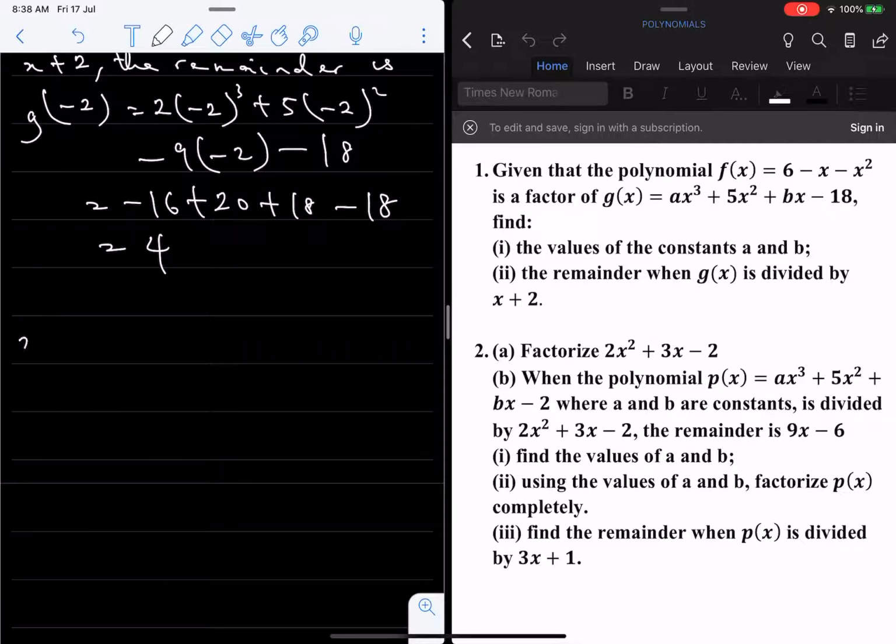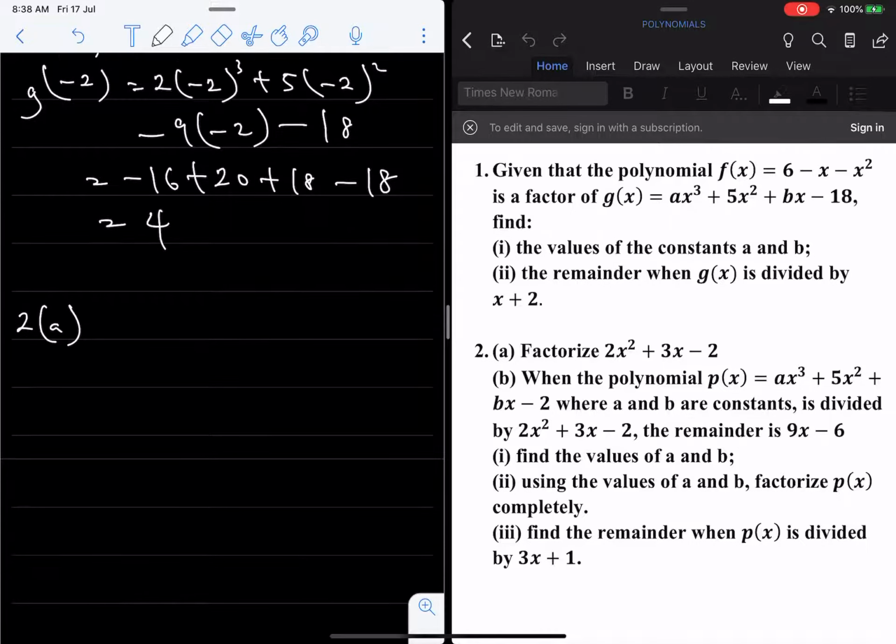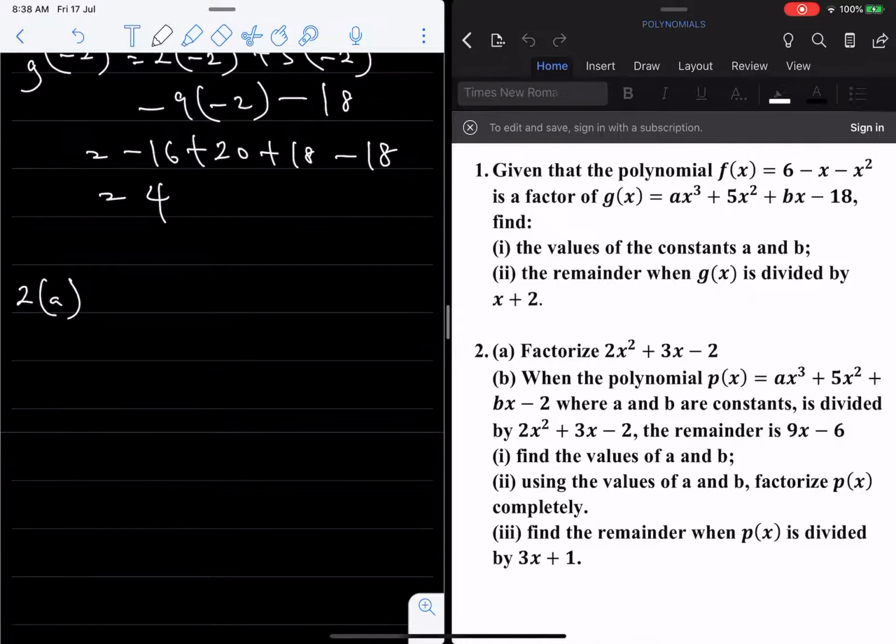Now to number 2, that's question 2a. Factorize 2x squared plus 3x minus 2. 2x squared plus 3x minus 2 is equal to 2x squared plus 4x minus x minus 2.